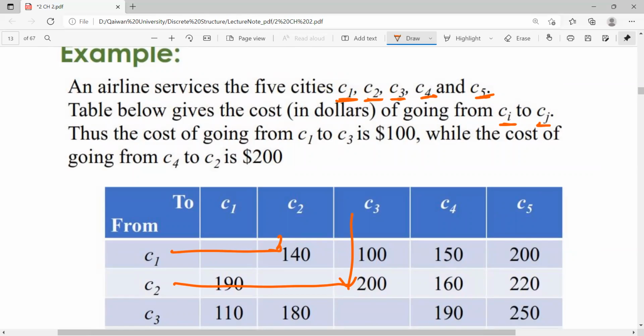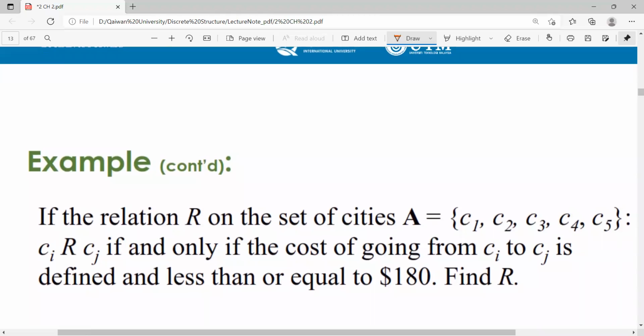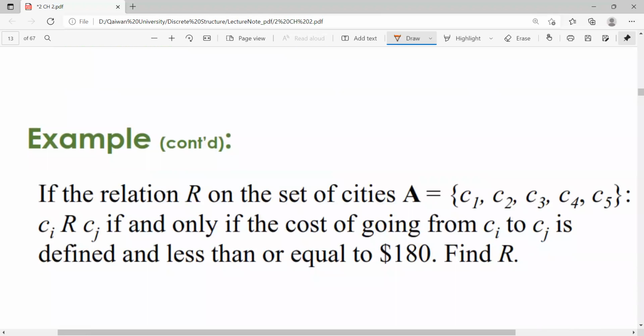And therefore, this is the question about that table. It says, if the relation R on the set of cities A, here we have 5 cities, so the set is C1, C2, C3, C4, C5.